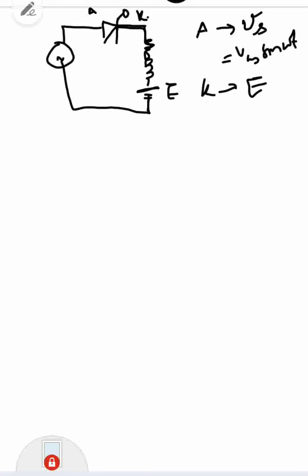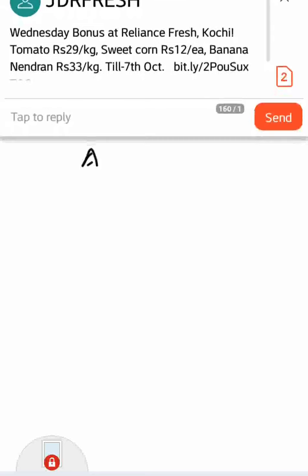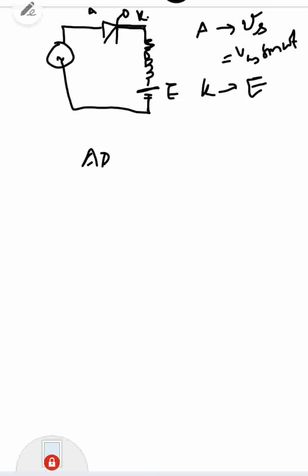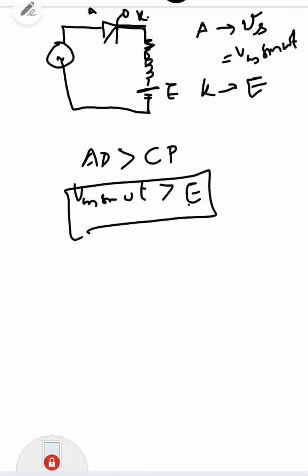For an SCR to conduct, we know that the anode potential should be greater than the cathode potential. The anode potential is Vm sin omega t, and the cathode potential is E. So whenever Vm sin omega t is greater than E, only then can this SCR conduct.